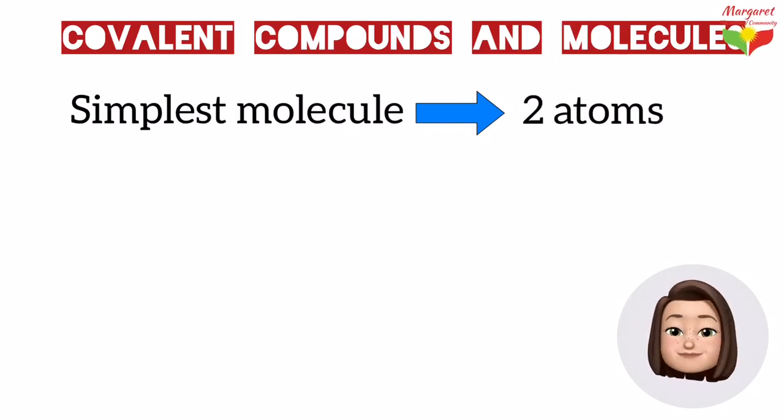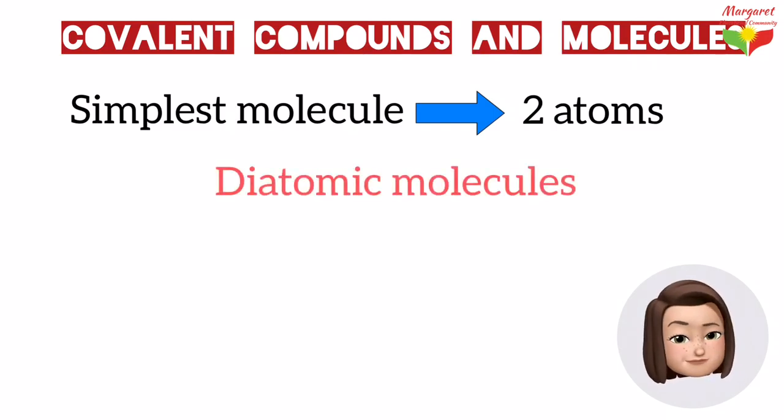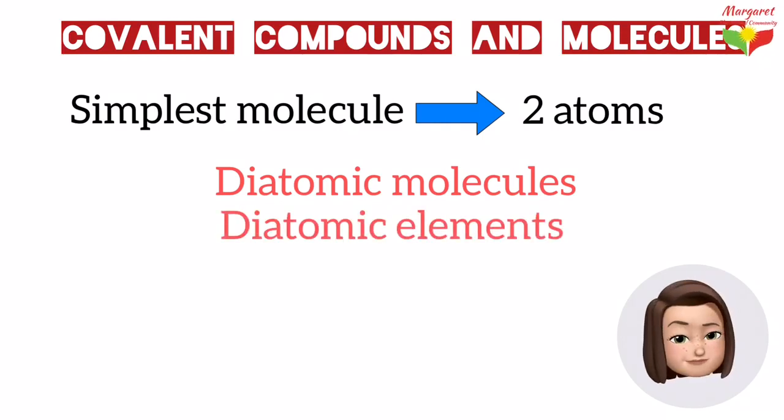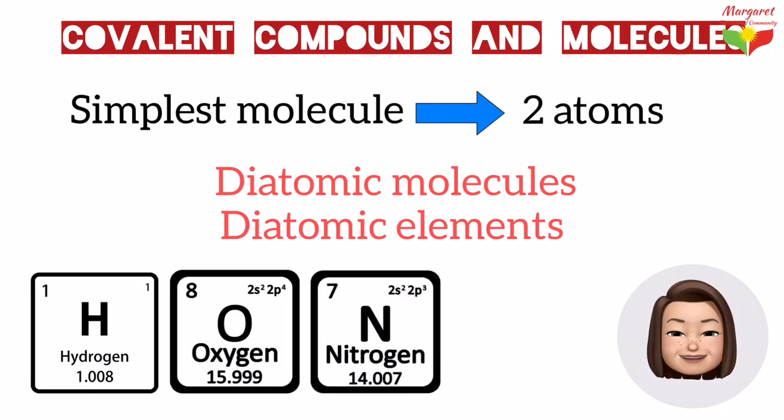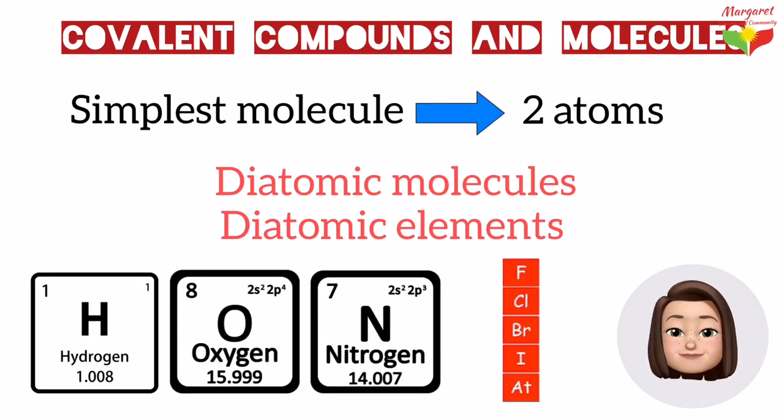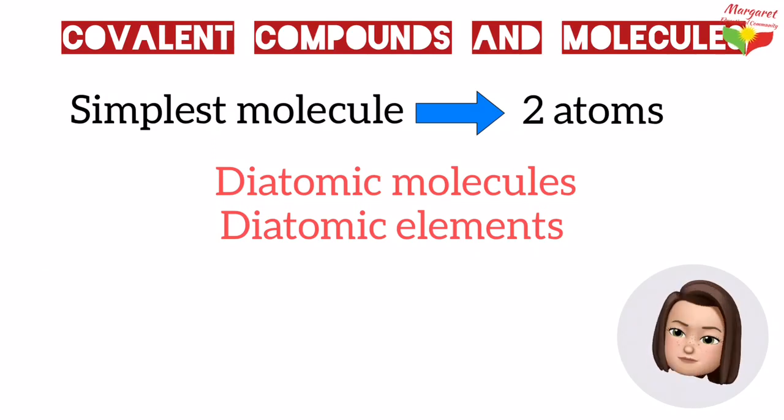Molecules that are made of 2 atoms of the same element are called diatomic molecules. Elements that are found in nature as diatomic molecules are called diatomic elements, for example hydrogen, oxygen, nitrogen, and the halogens. They are all diatomic elements because they consist of only 2 atoms of the same element.